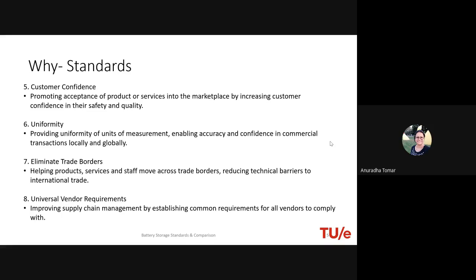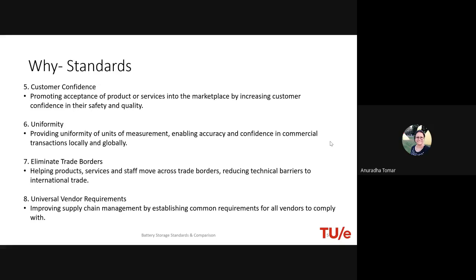This helps a lot because all regions have different criteria and different requirements, but it eliminates such technical barriers. And another thing is universal vendor requirement. So even if you are living in Europe or in an Asian country, if you talk about the global standards, in that case it also specifies the universal vendor requirement.